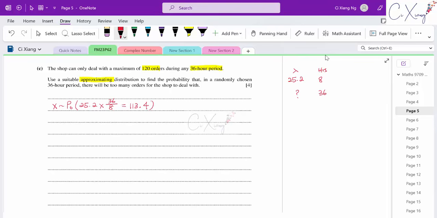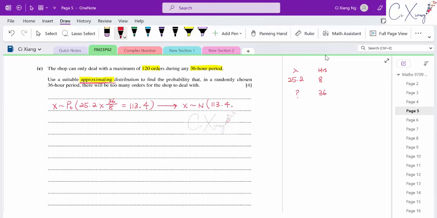And since the lambda is more than 15, therefore I can change it to normal distribution. And for this question also, they actually give us the keyword already. So use an approximating distribution to find the probability. Since the lambda is more than 15, which is very large, I change it to normal distribution. The parameters of normal distribution should be mean and variance, right? So the mean for Poisson is 113.4.